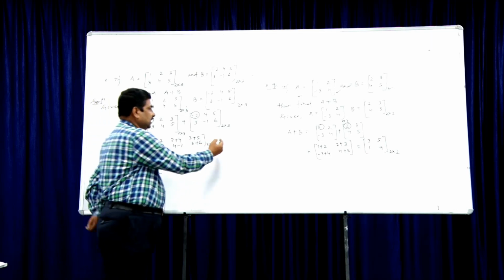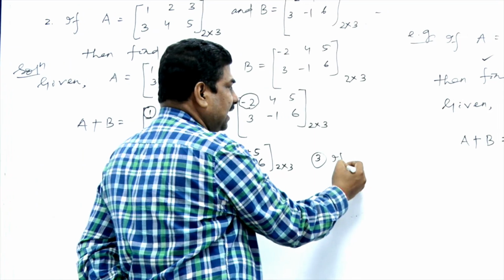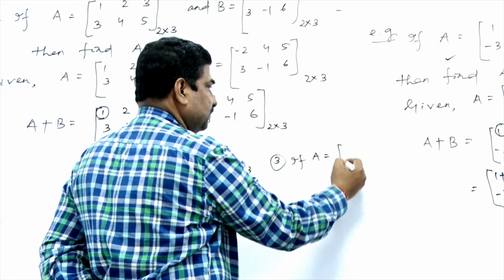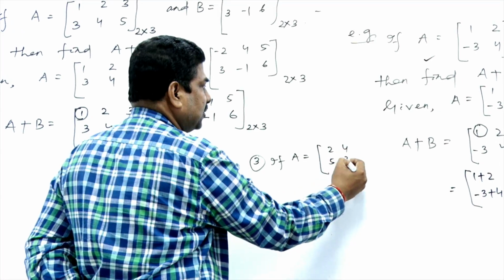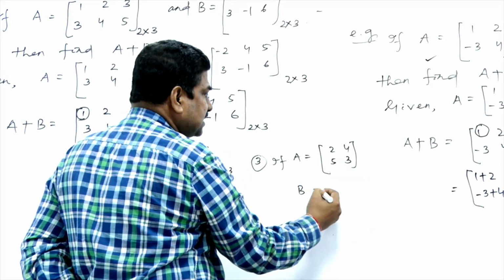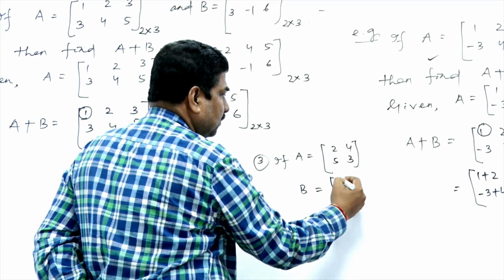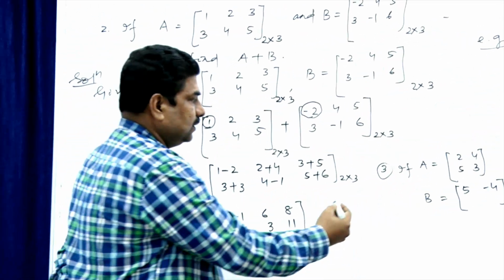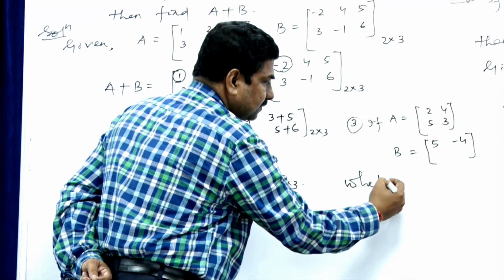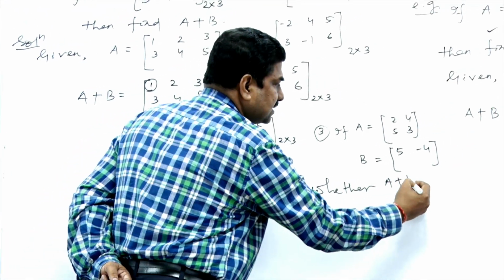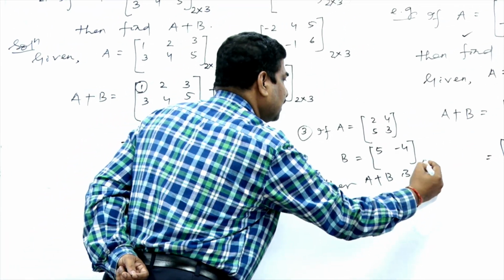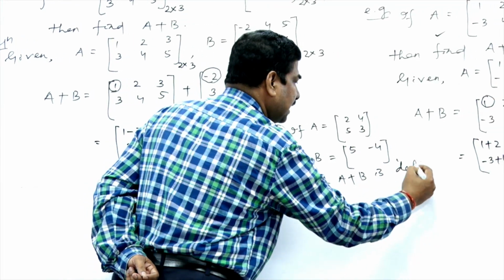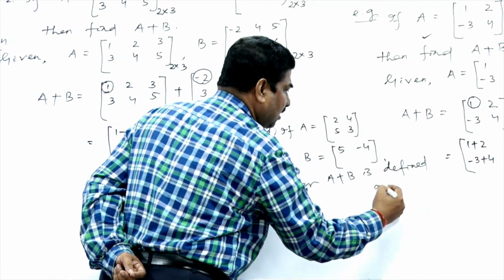Next, example 3: if A is equal to [2 4; 5 3] and B is equal to [5 -4], is A plus B defined or not?